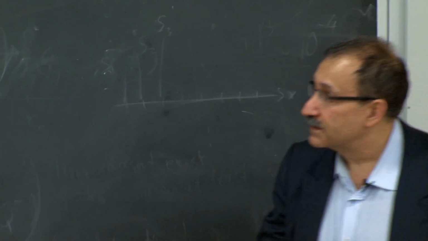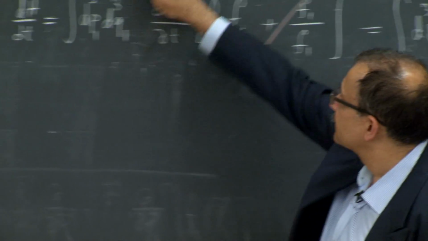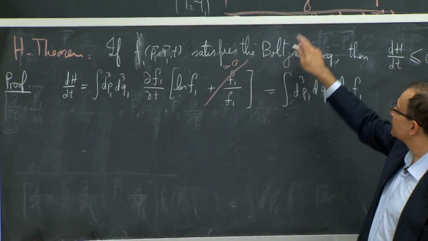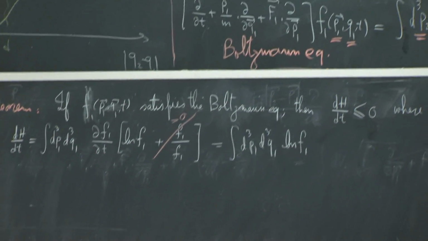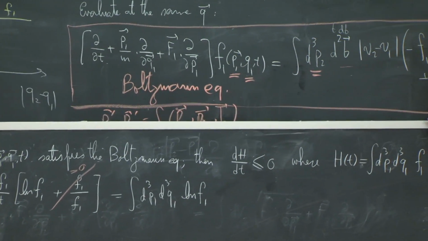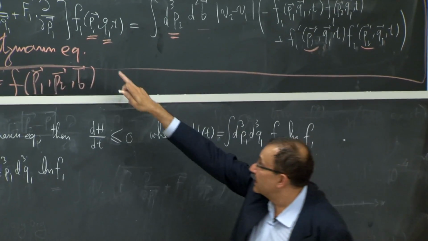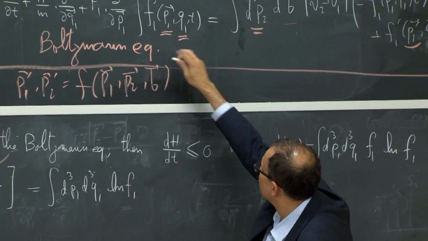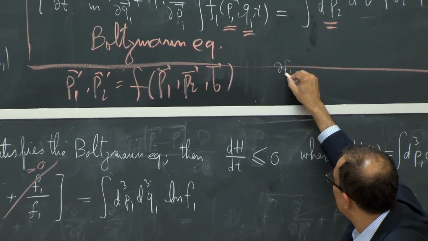But we have said that f1 satisfies the Boltzmann equation, right? So if I rearrange it, I have df1 by dt.